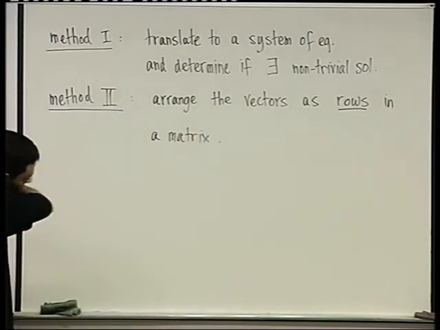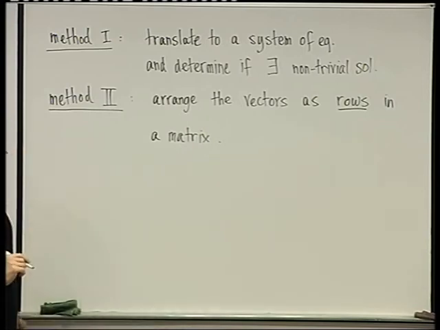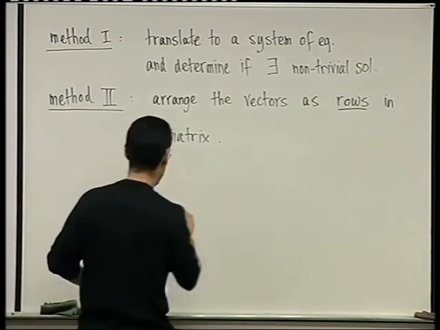Take your vectors and spread them out as rows in a matrix. We'll do an example in a second.